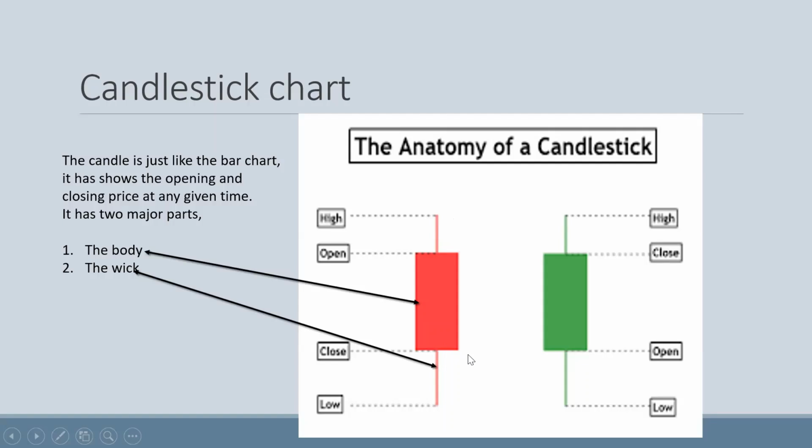Now, the lower body tells us that this is where this candle closed. Immediately 1 hour was over, immediately this candle opened at 1 o'clock, immediately it was 2 o'clock, this market closed at this place. Because the market closed at this place didn't mean that the market did not go lower than that.